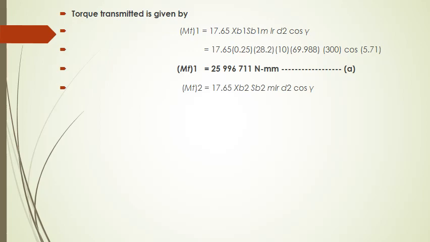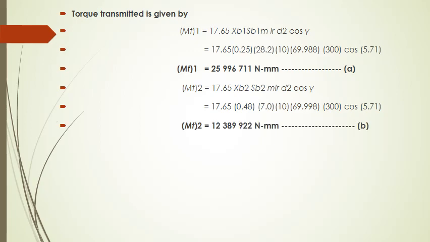Similarly, MT2 is given by 17.65 into XB2 into SB2 into M into LR into D2 cos gamma. Therefore, substituting the values, 17.65 into 0.48 into 7 into 10 into 69.998 into 300 into cos of 5.71.